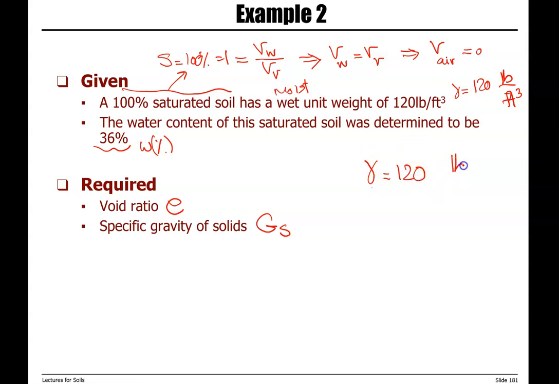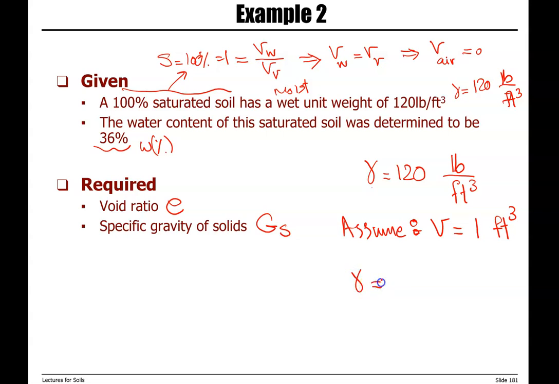Moist unit weight is 120 pounds per cubic feet. We will do the calculation for a unit volume, a volume of 1 cubic feet.